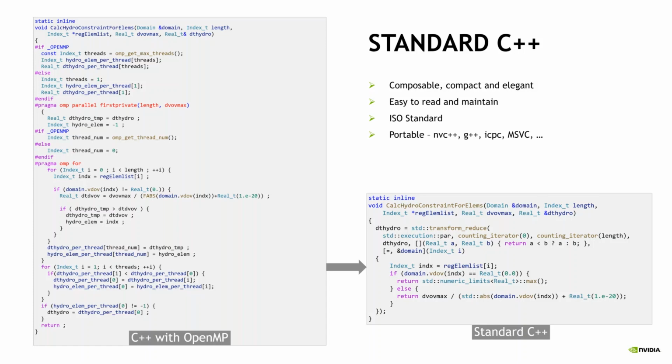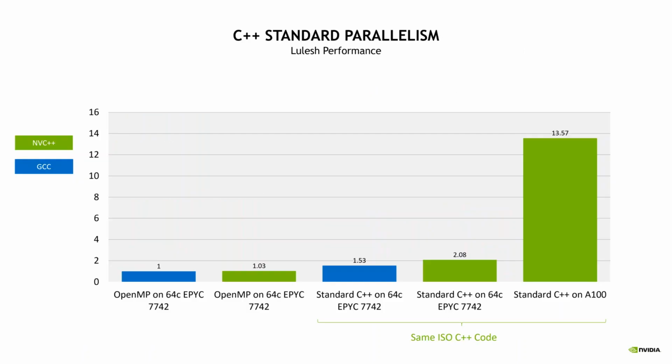The code on the right does exactly the same operations, but it uses modern C++ and the standard C++ way of expressing parallelism. And so what we have there on the right is something that's very much more composable, very much more elegant and compact, but will actually run, if you compile it with our compilers, in parallel on both the CPU and the GPU. So let's look at the kind of performance we can get from that.